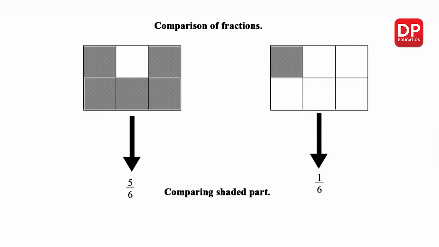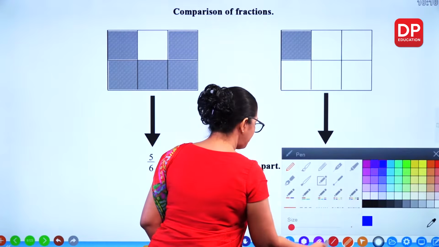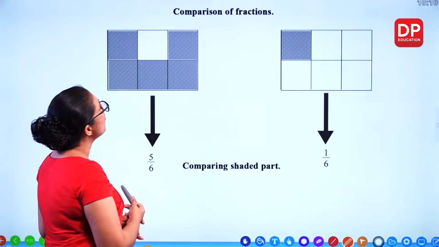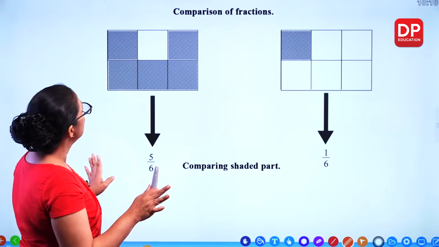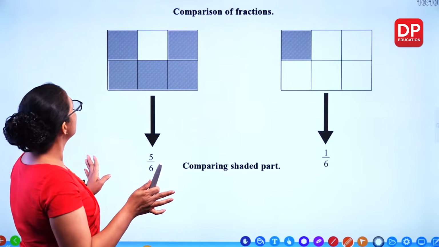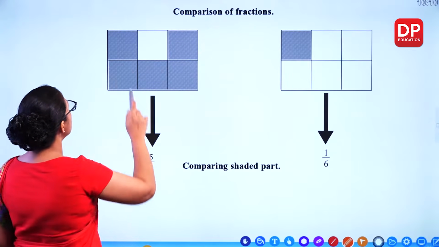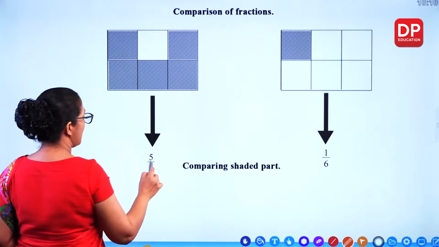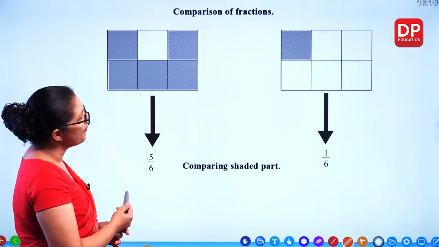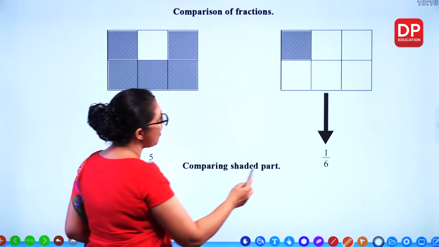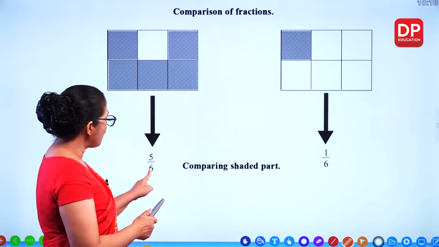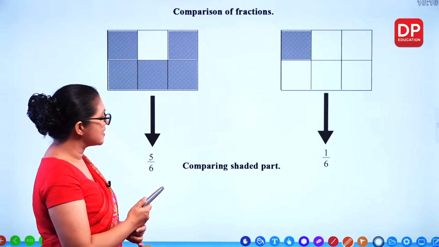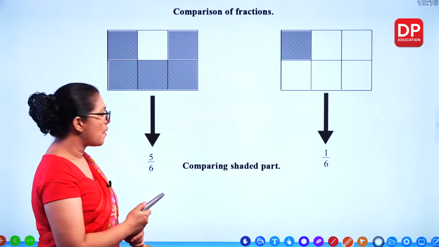Comparison of fractions. Now we want to compare the two diagrams. Both are equally divided into 6 and shaded here 1, 2, 3, 4, 5. 5 parts out of 6. This one only one part shaded. So when you want to compare 5 over 6 and 1 over 6, which part is bigger?